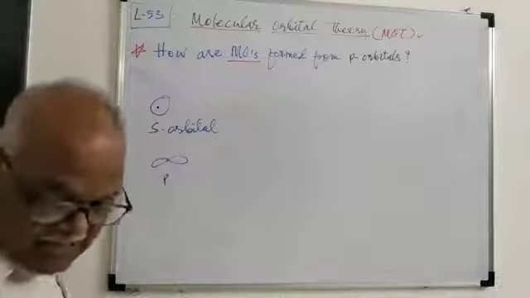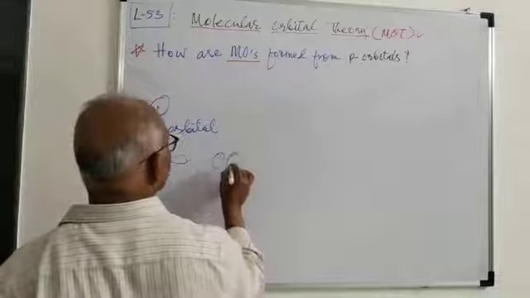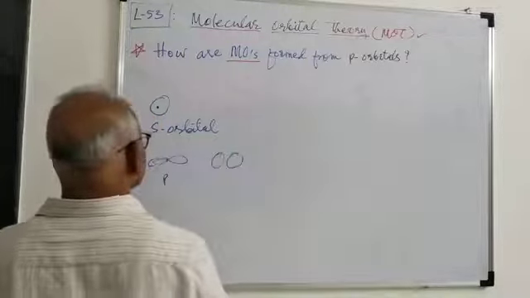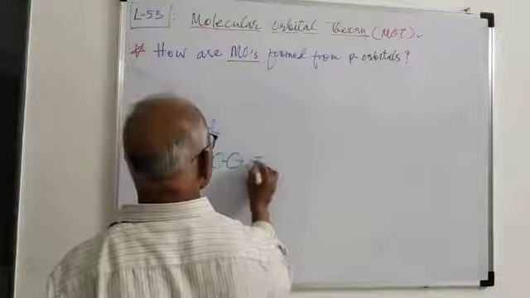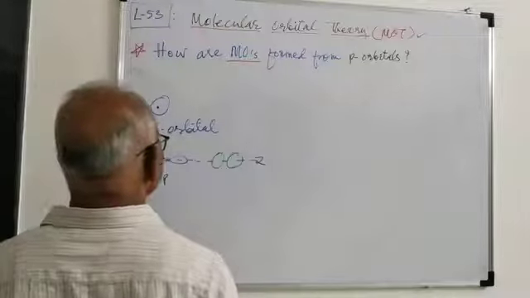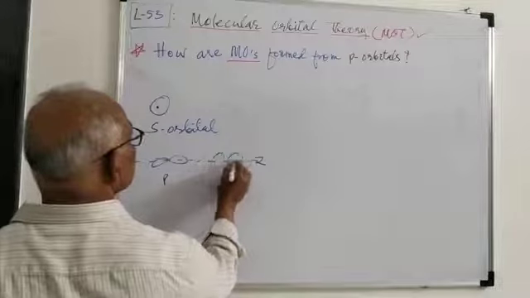We can draw these lobes like this. So this is the z axis, and the lobes are shown in this way.